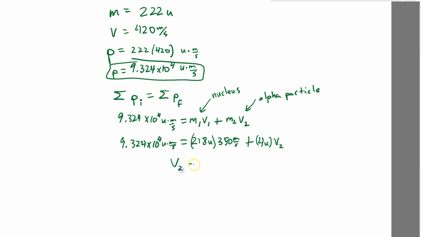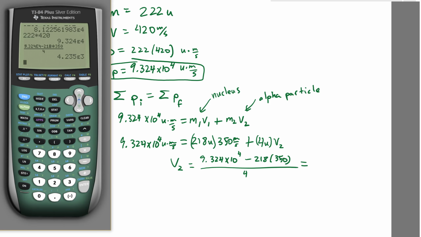So if you solve for v2, you get 9.324 times 10 to the 4 minus 218 times 350, all that divided by 4, which will be 4.235 times 10 to the 3.